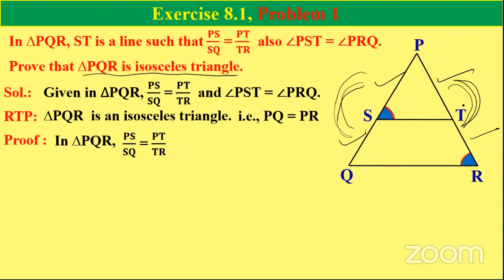Nothing but the line ST divides PQ and PR in the same ratio, according to the converse of the basic proportionality theorem.